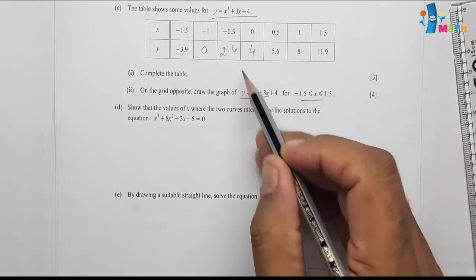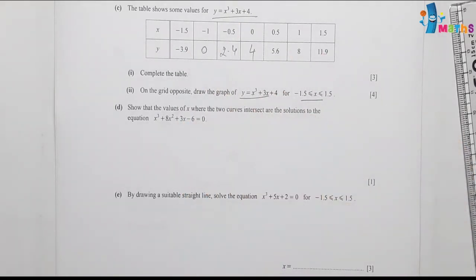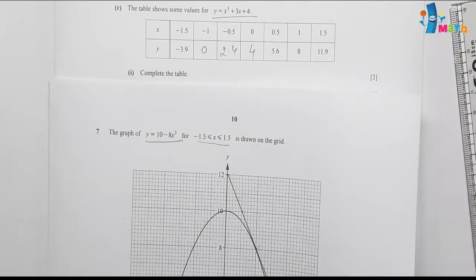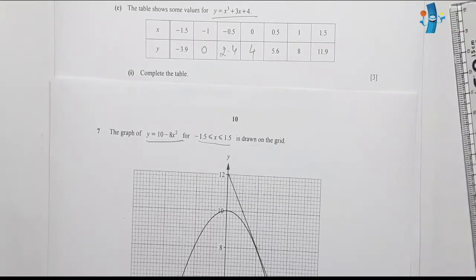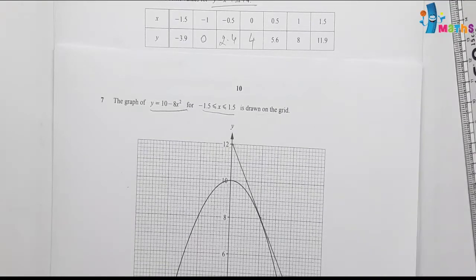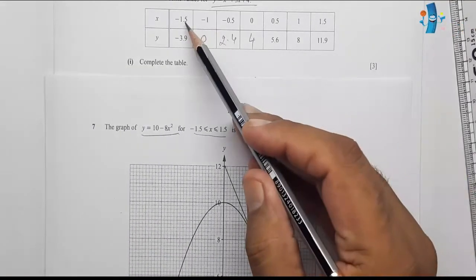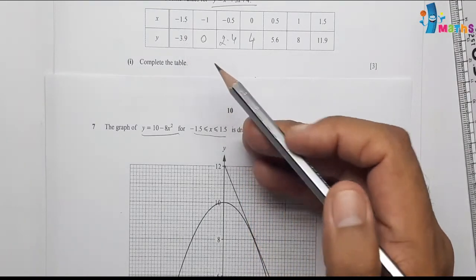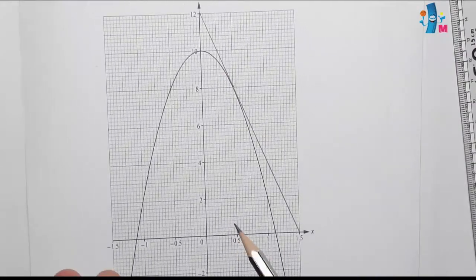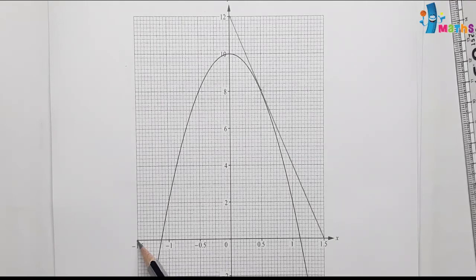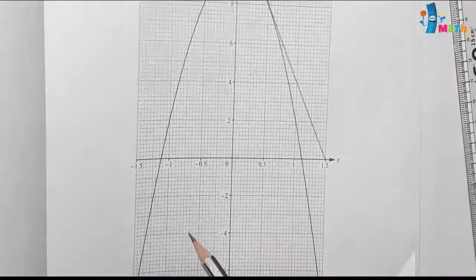So this graph is having this table of values. So we'll use this table of values, and we will plot the graph. So the first ordered pair is minus 1.5 and minus 3.9. So minus 1.5 is over here, and minus 3.9 will be down.